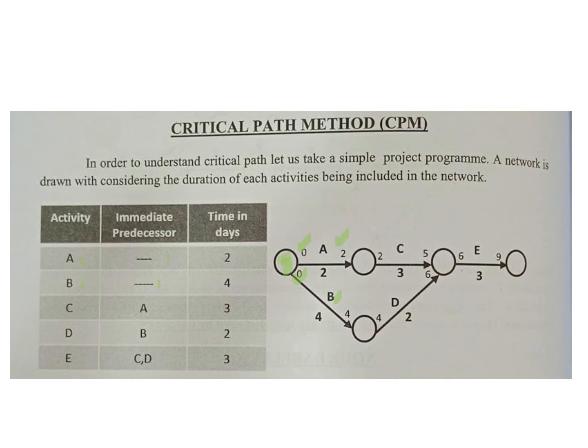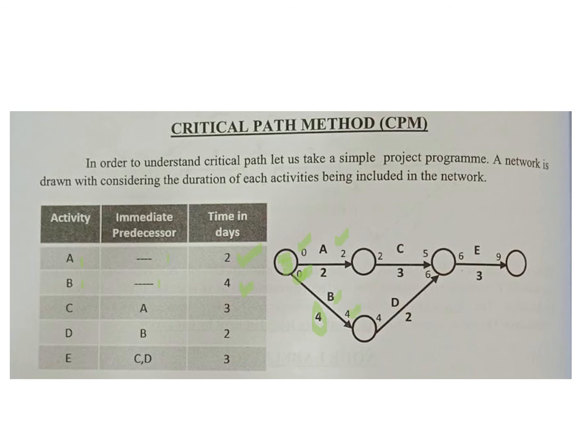So you have the time frame starting for activity A, which is 0, and it finishes at 2, which means the particular activity takes 2 days. You see it says that activity A takes 2 days. Similarly, activity B takes 4 days. So you put 4 over here, and you have 0 at the beginning of the node, and 4 at the end of the node.